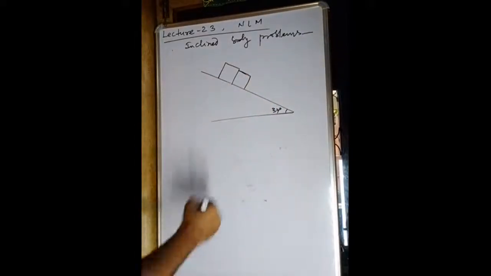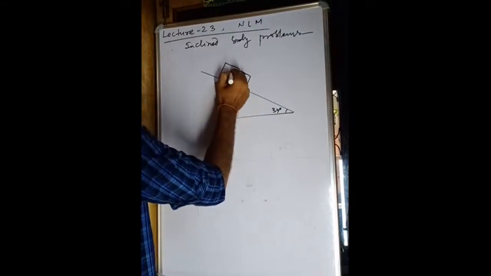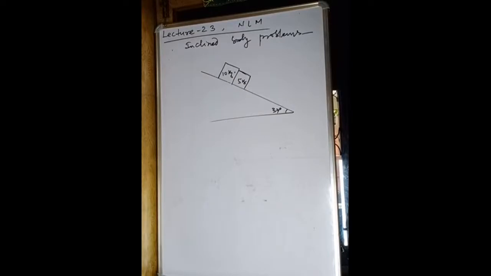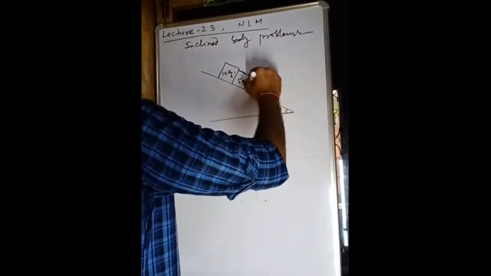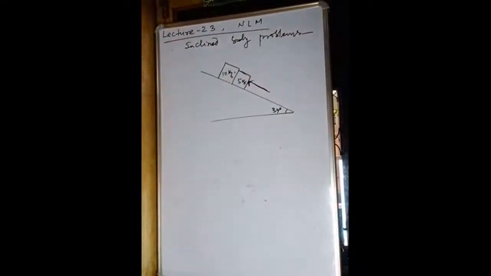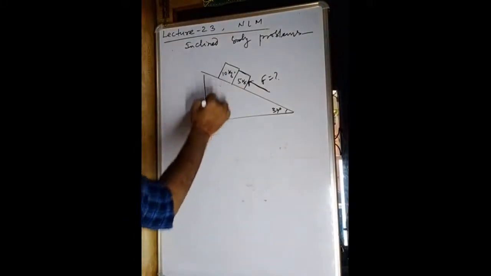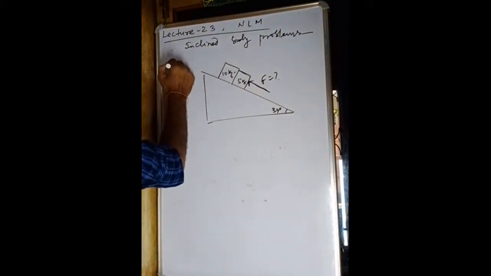Two bodies, one is 5 kg and another is 10 kg. Now, to apply the force from here to keep this block in a static state, how much force does Motu have to apply? If you can solve, then try to solve this question.